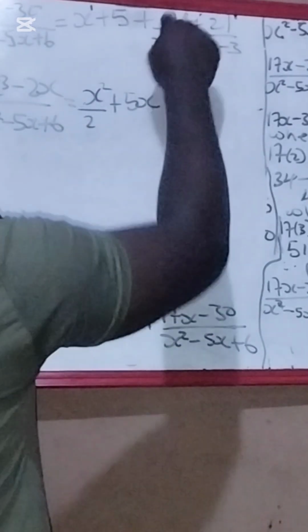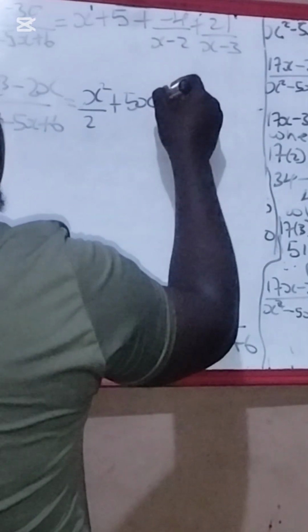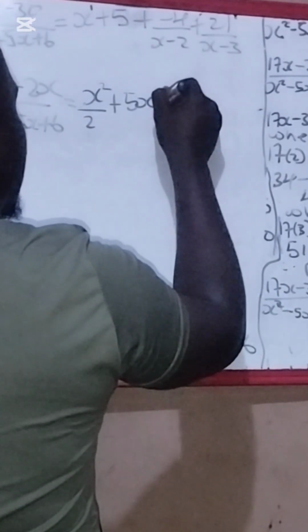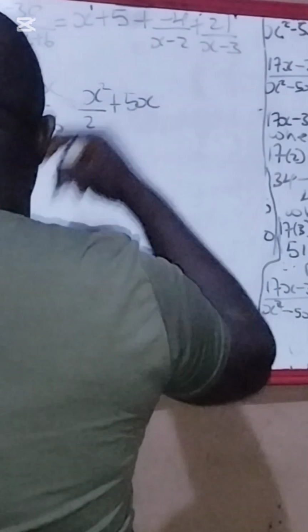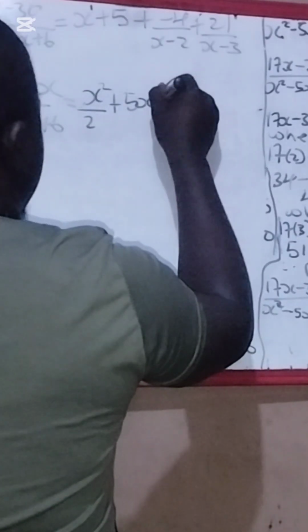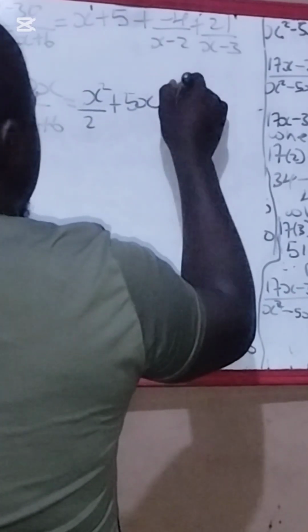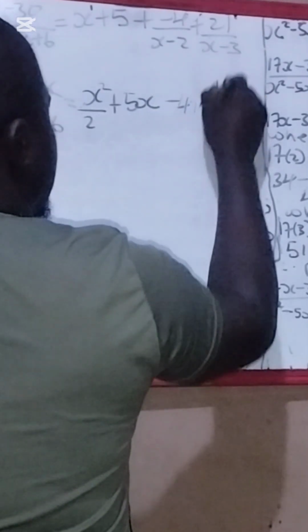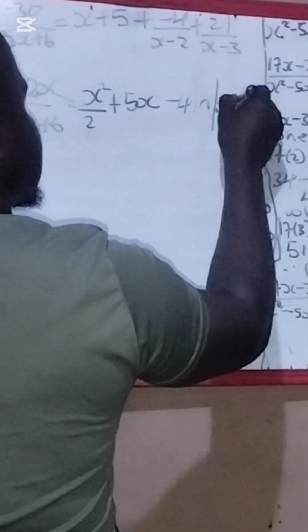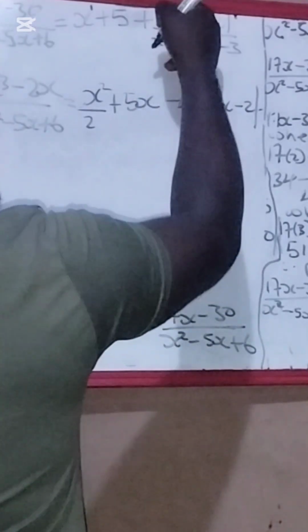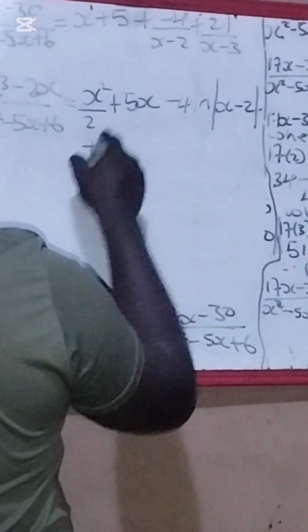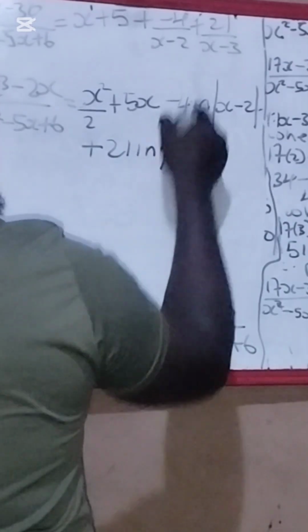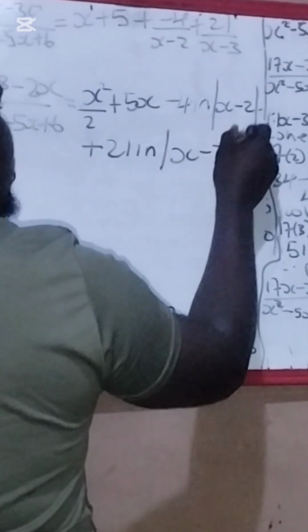Then coming to this, when we integrate it, this will give us minus 4 ln of x minus 2, plus 21 ln of x minus 3.